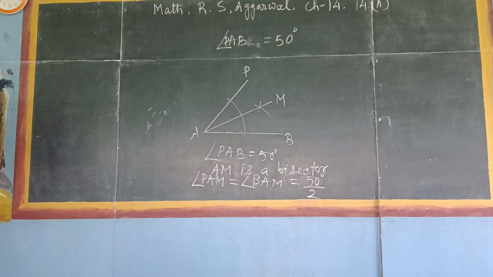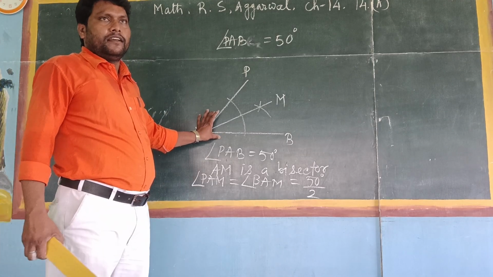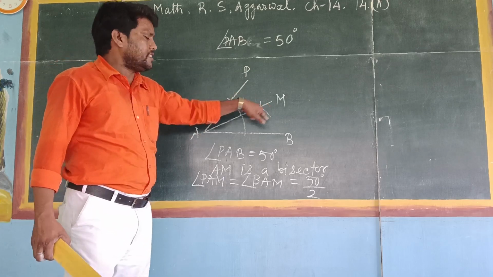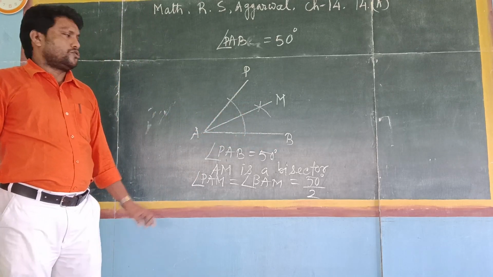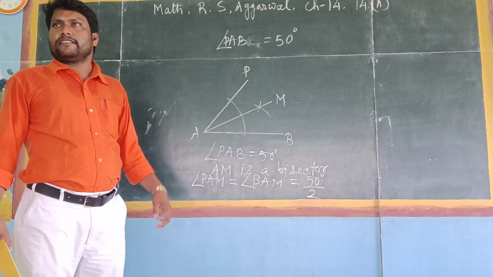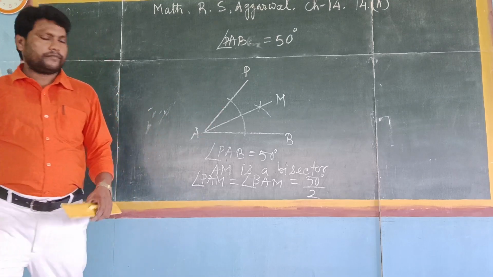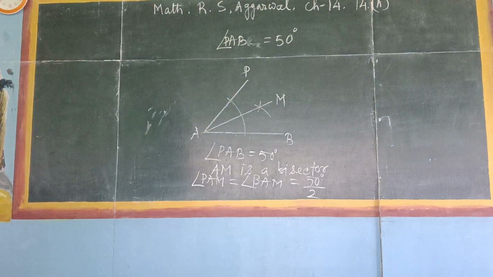Why 50 divided by 2? Because this angle was 50 degree. I have bisected. AM is the bisector. So each angle will be half of the main angle. Understand? So this is problem number 2.